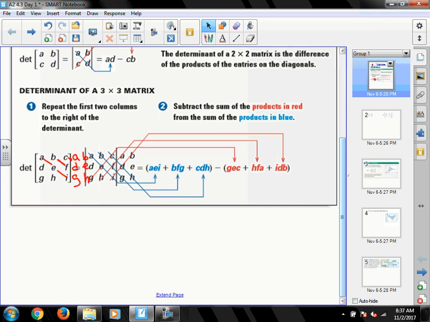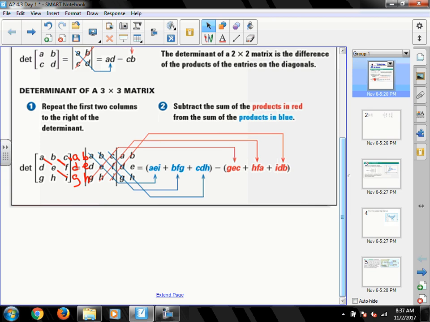And now you can get those three diagonals from the top left corner down to the bottom right. You get that 3 times. So you're going to get A times E times I, which is just like we did with our 2 by 2 matrix.